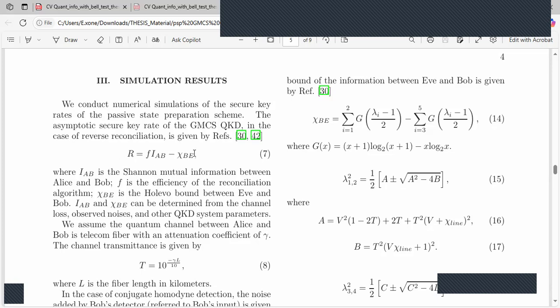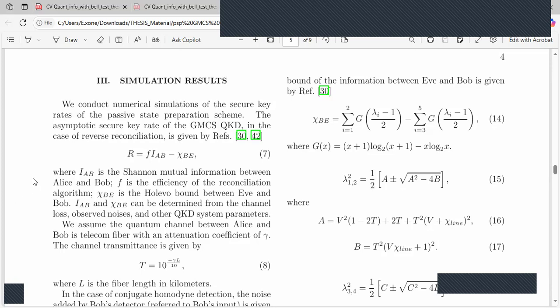It has been shown that the optimal attack Eve can employ on the Gaussian channel is a Gaussian attack.